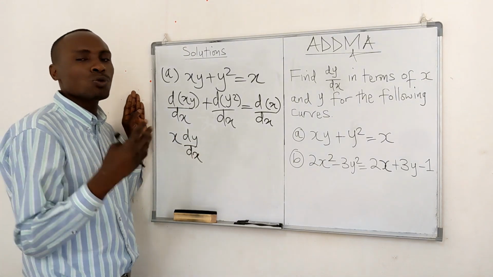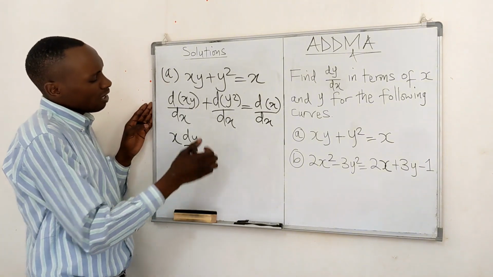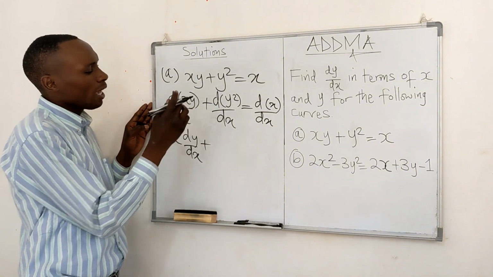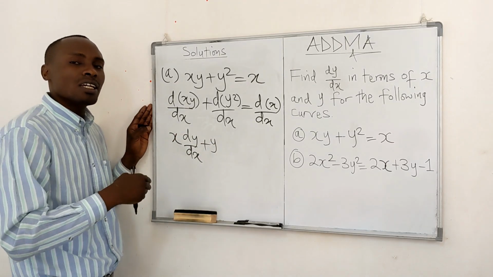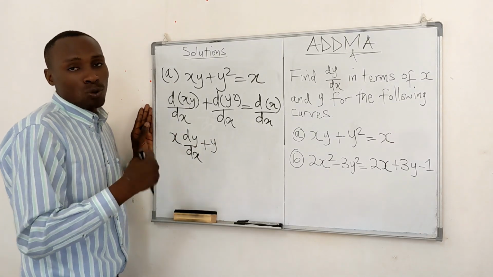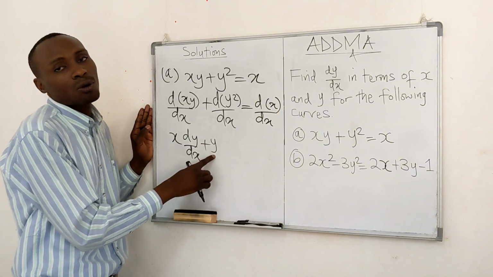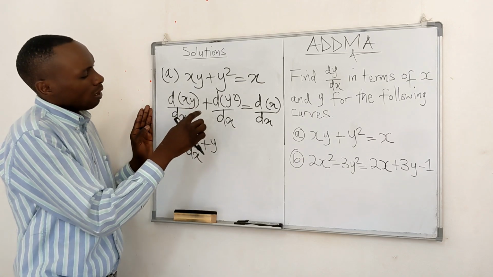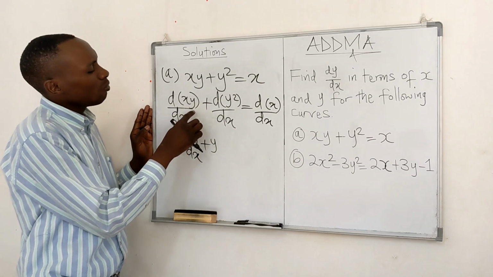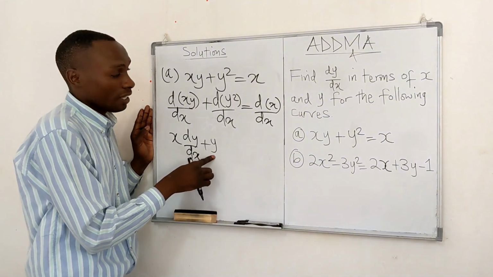Whenever you are differentiating y, you get dy/dx. Then, keeping y constant, finding the derivative of x: the derivative of x is just 1, so 1 times the y that we kept gives us y.